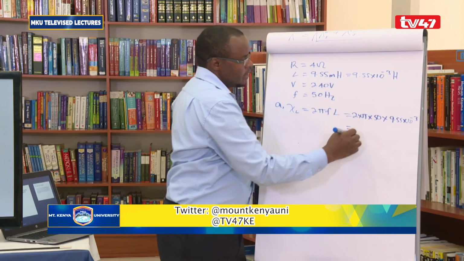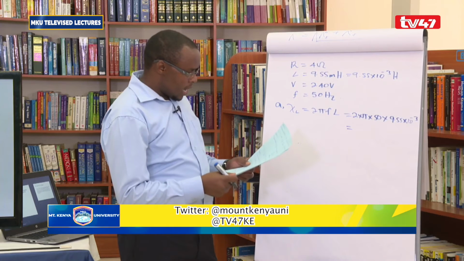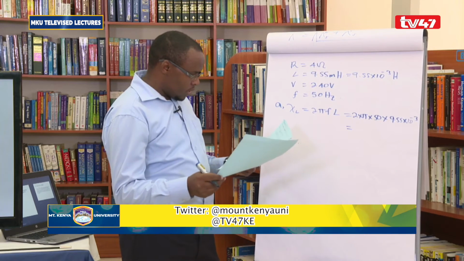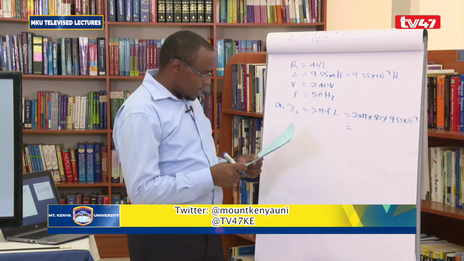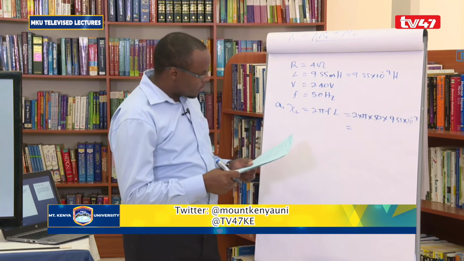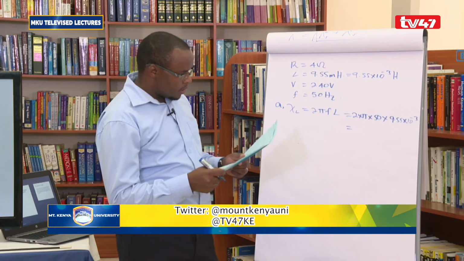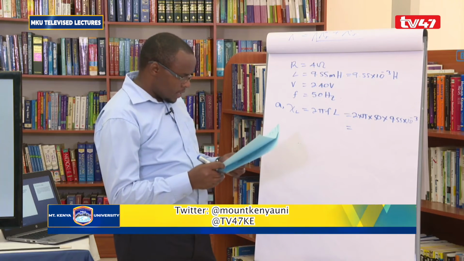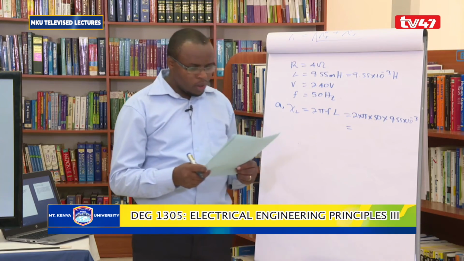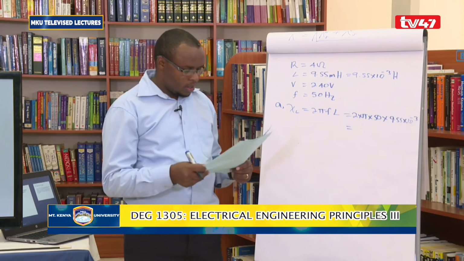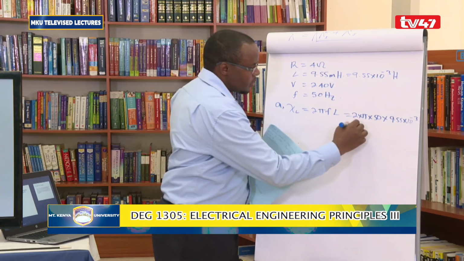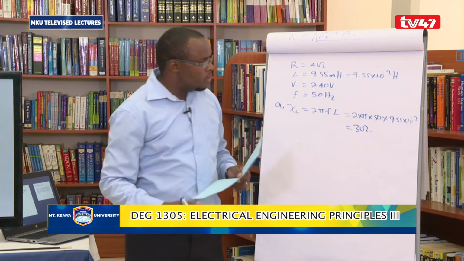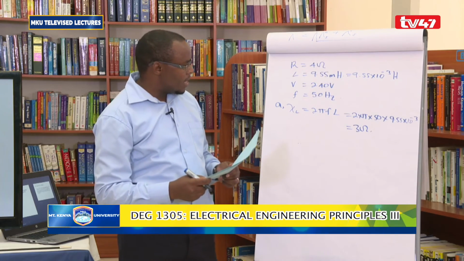When you work this out, it is going to give you an answer of 3 ohms. That is the reactance of the inductor.